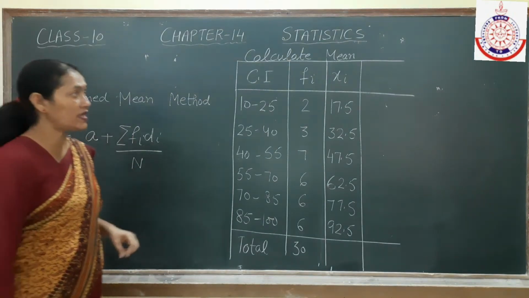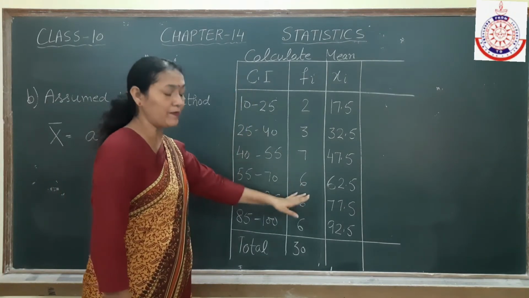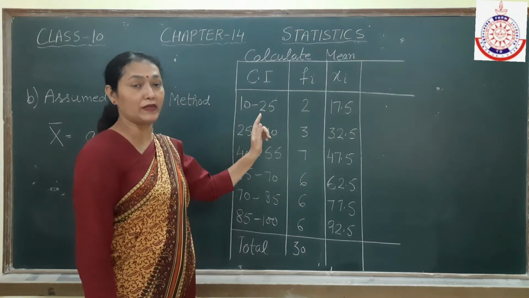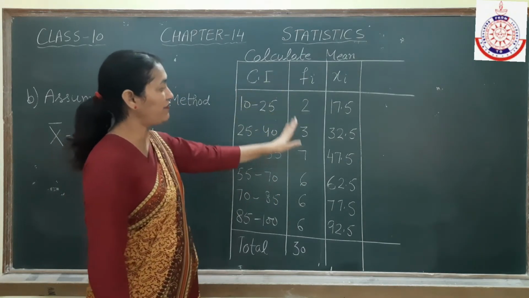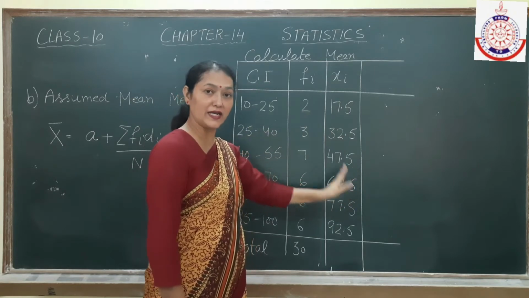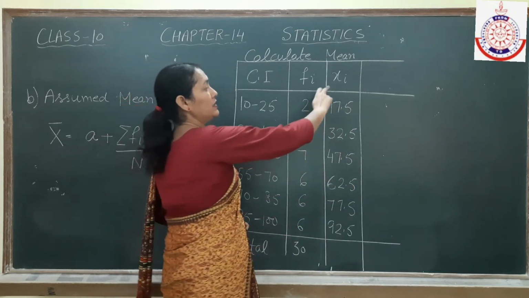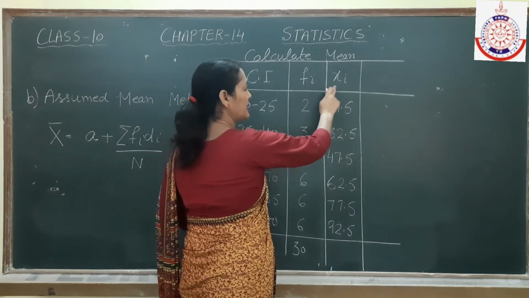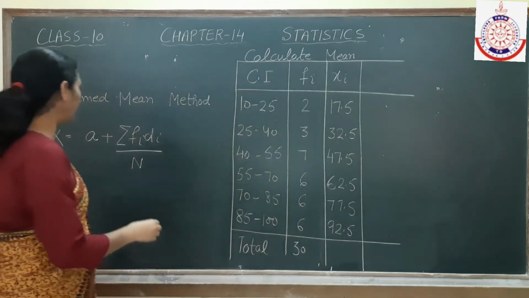So for same data, I'm calculating mean, but by assumed mean method. Class interval, fi, I've calculated class mark xi. But instead of multiplying fi xi, I'll be first of all selecting A.